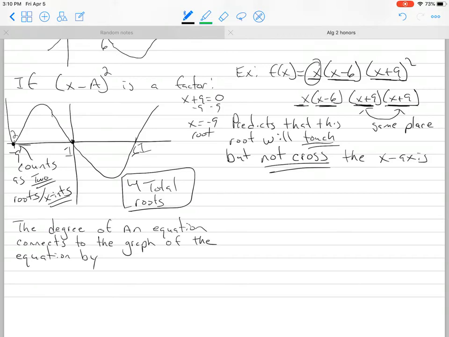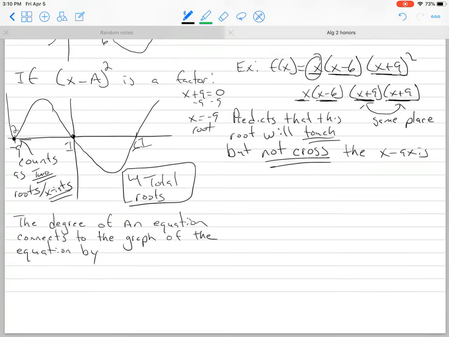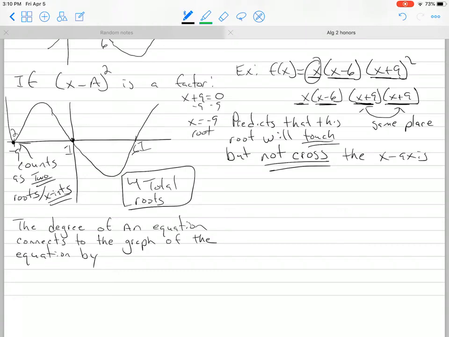That leads into the final part. The degree of an equation connects to the graph of the equation by what? Let's take this example: x times x minus 6 times x plus 9 squared. Really all I care about is my largest x terms.